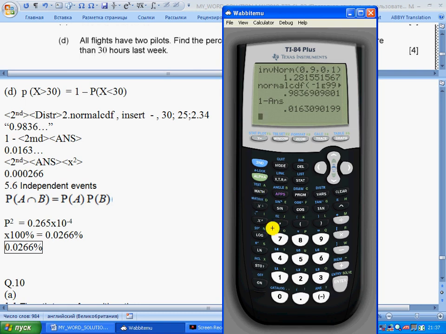So second answer squared doesn't work, squared gives us this value. This value we multiply by 100 because it is in percent, and we get 0.00266. So this question is also done.